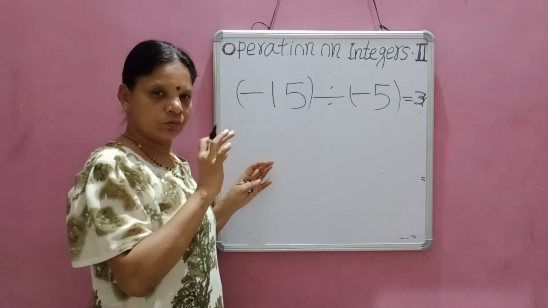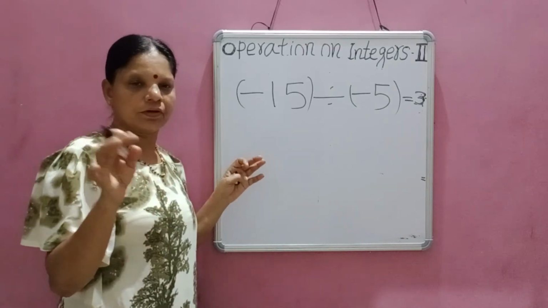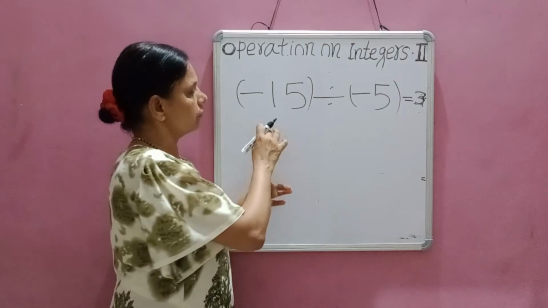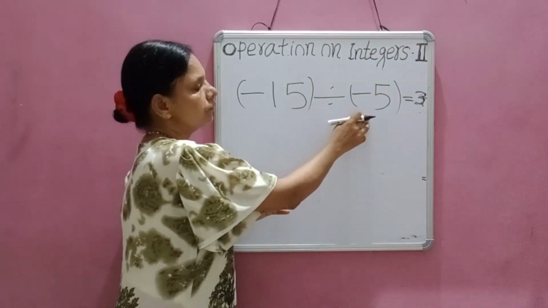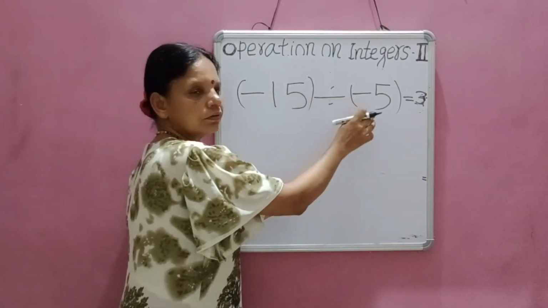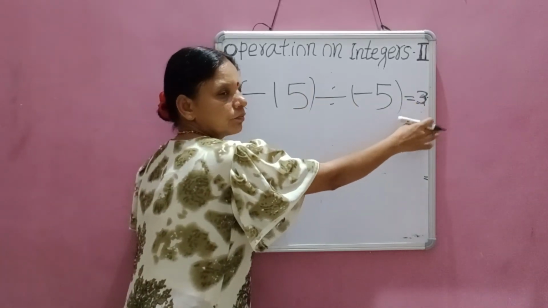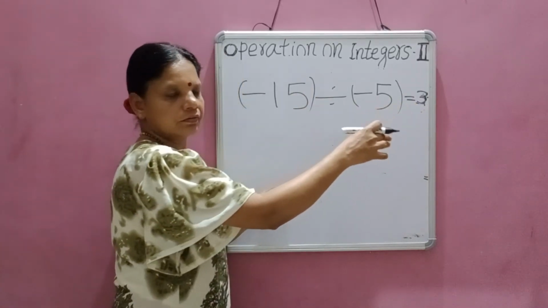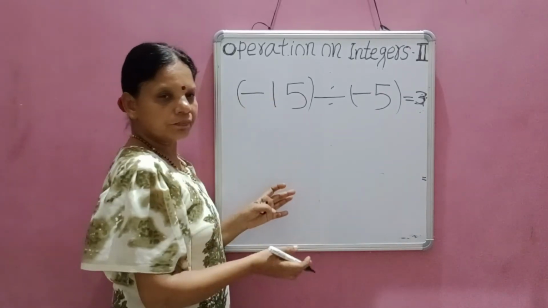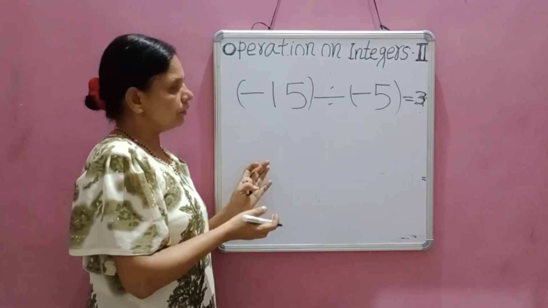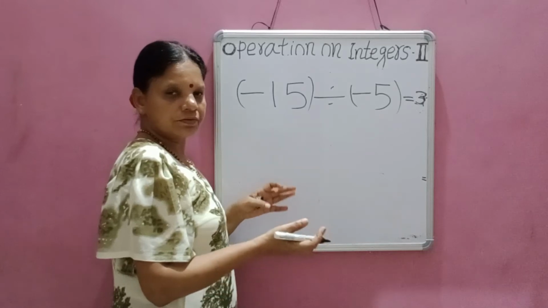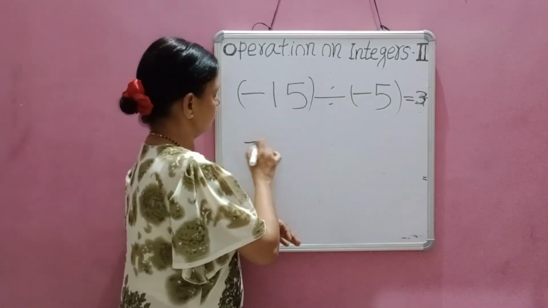In multiplication, if both the numbers are negative, the product is positive. Similarly here also, if both the numbers, dividend and divisor, are negative, then the quotient is positive. Clear?